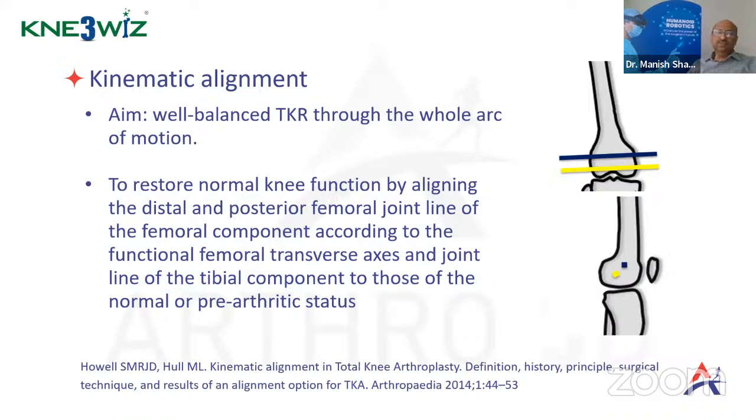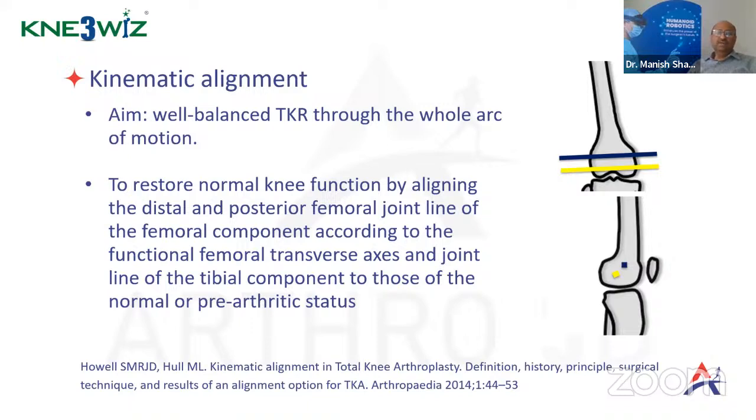Recently, we have seen an upsurge for kinematic alignment, and the newer designs of the implants have been based on the fact that we will aim for a kinematic alignment. A medial pivot knee has been designed for kinematic alignment.